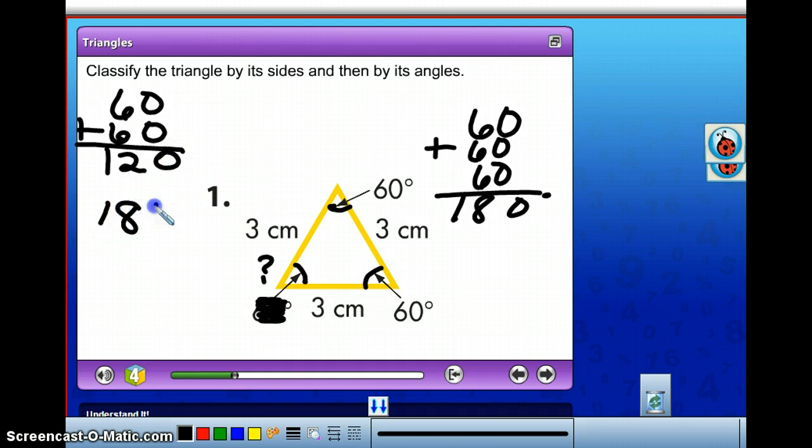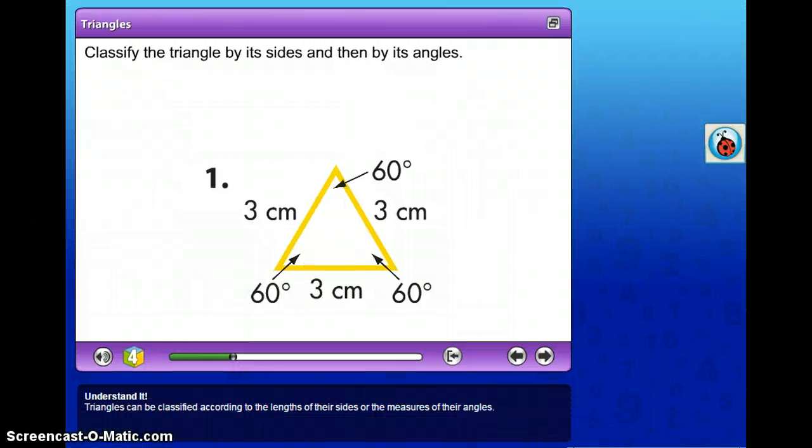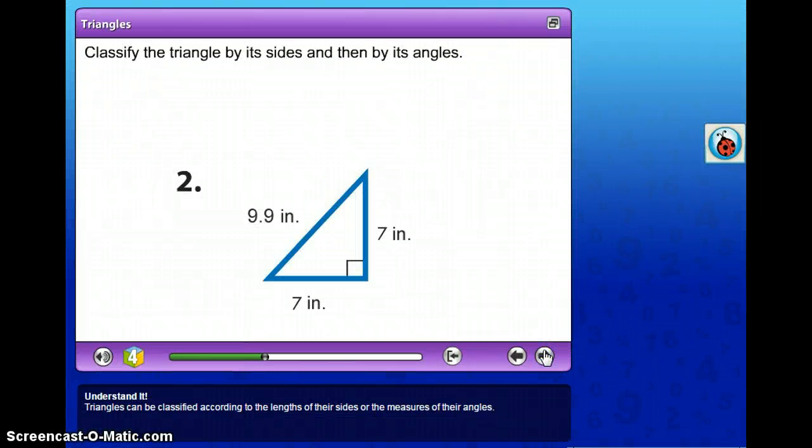Or I can just take 180, which is what it has to be, minus what we have so far, 120, and it's going to tell me what my missing angle measure is. Okay? So you add up the two that you have, and you subtract that sum from 180 to get your missing angle. And there will be some like that.